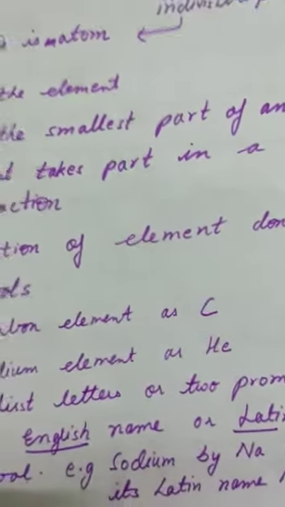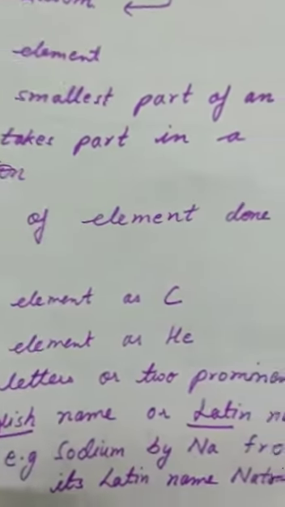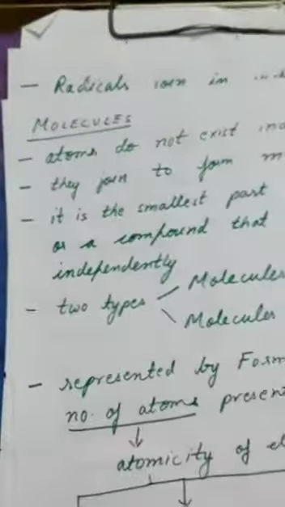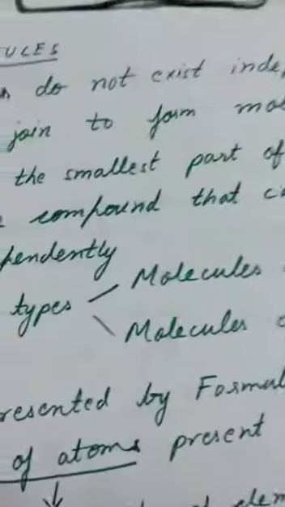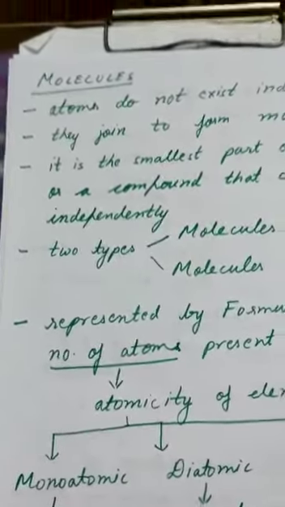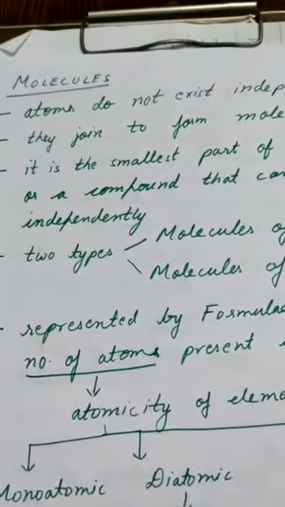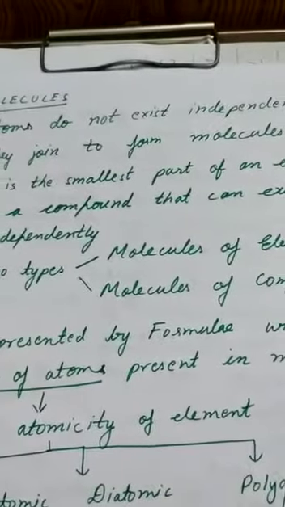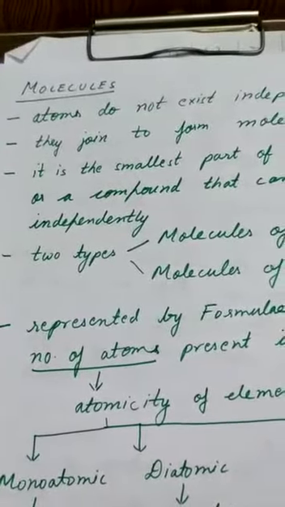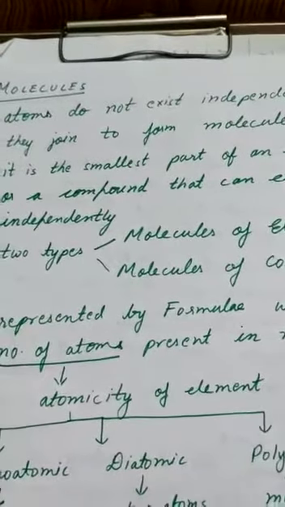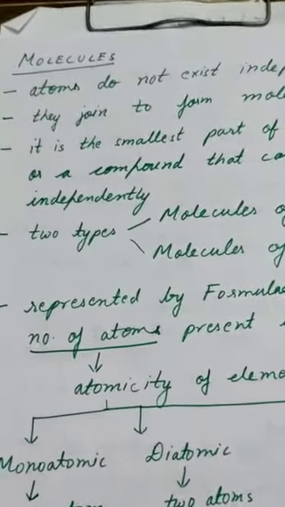So students, it must be clear to you that atom is the smallest part of an element. Now students, next is molecules. What are molecules? So far we have discussed atoms. These atoms don't exist independently, but they join to form molecules.